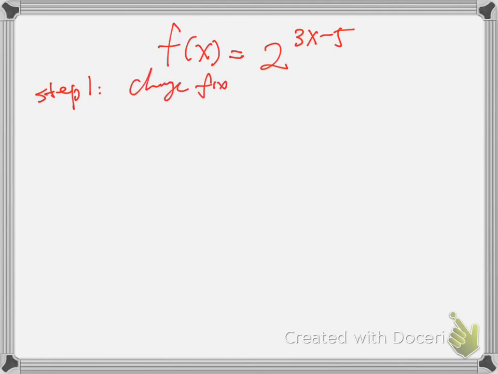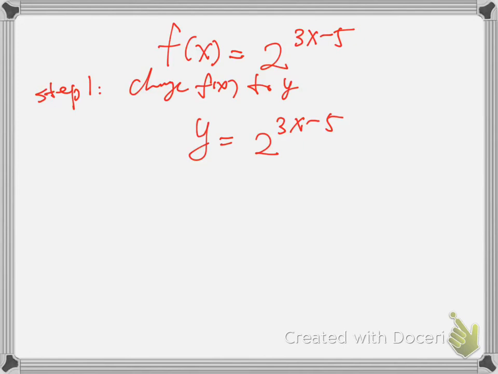So let's find the inverse function of f(x) equals 2 to the 3x minus 5 power. Step 1, we change f(x) to y. So we get y is 2 to the 3x minus 5 power.